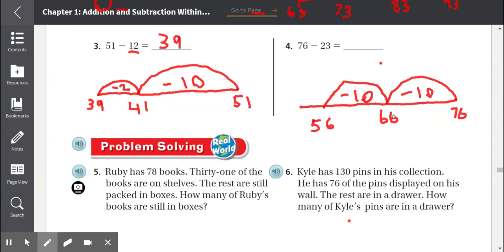Fix that. So 66 minus 10 equals 56. So far, we subtracted 20. 10 and 10 makes 20, but we have to subtract a total of 23. So we still have 3 more to go. So we can do one jump of 3. So 56 minus 3, and our answer, the difference is 53.